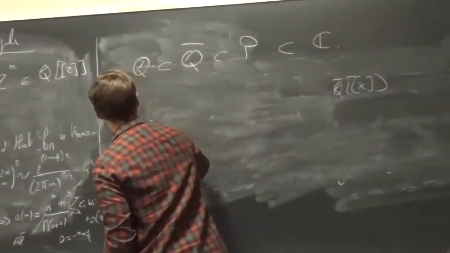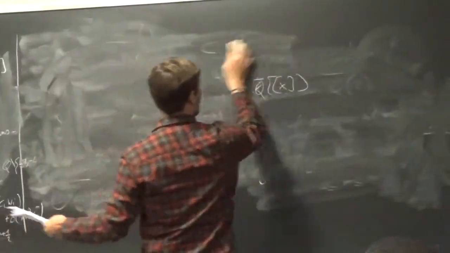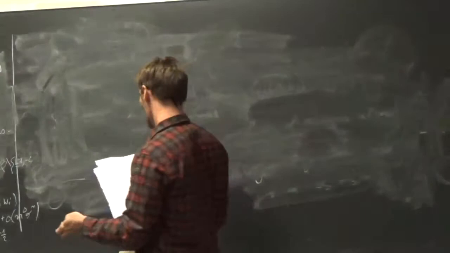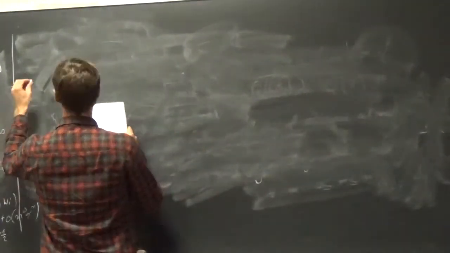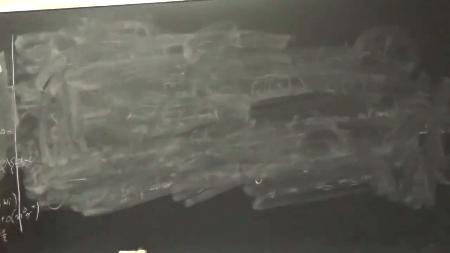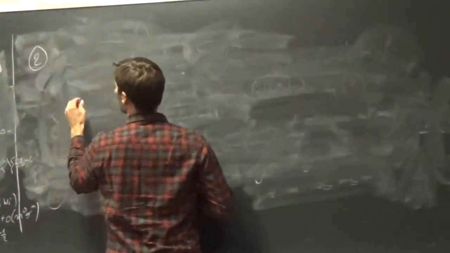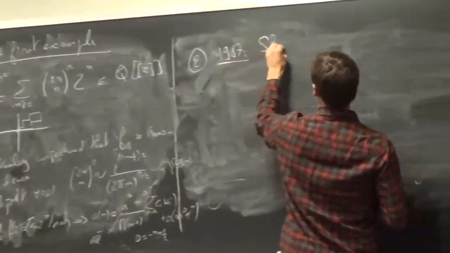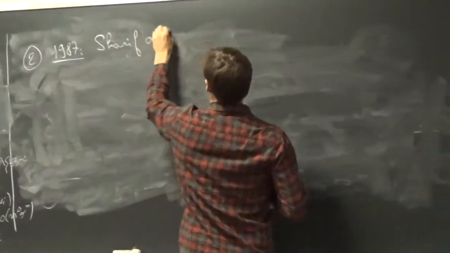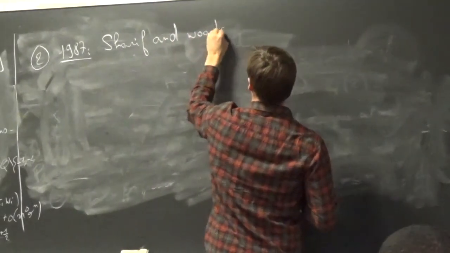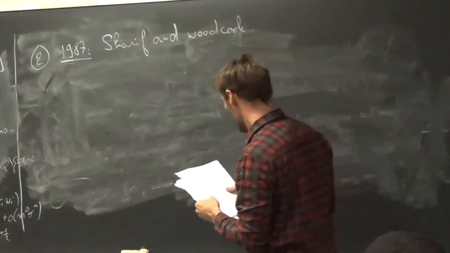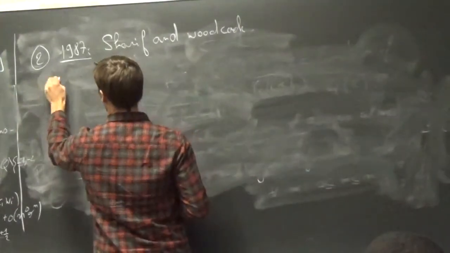And after the work of Bernoulli and Stanley with this asymptotic, there are two other ways of proving the transcendence. The second approach, so let's call this one 1, the second is from 1987, and is due to Sharif and Woodcock. And what they use is this fact.